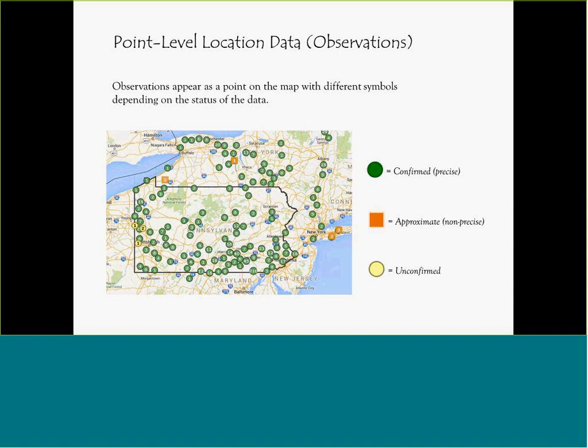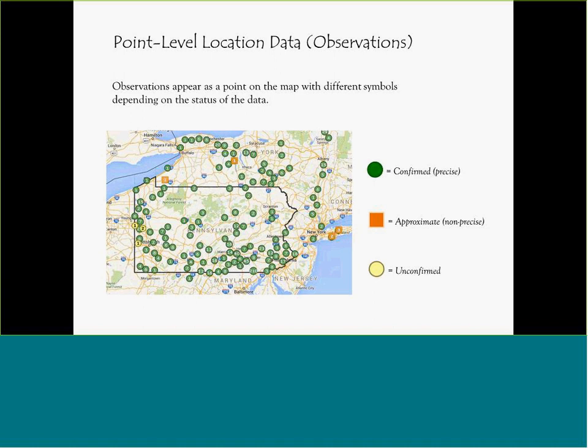The green circles represent observation data that has been confirmed, meaning the administrator has said, yes, this is good data, and it represents a precise location. Maybe that particular finding had GPS coordinates associated with it, or it was hand mapped, saying, yes, this is the exact spot where this species was found.